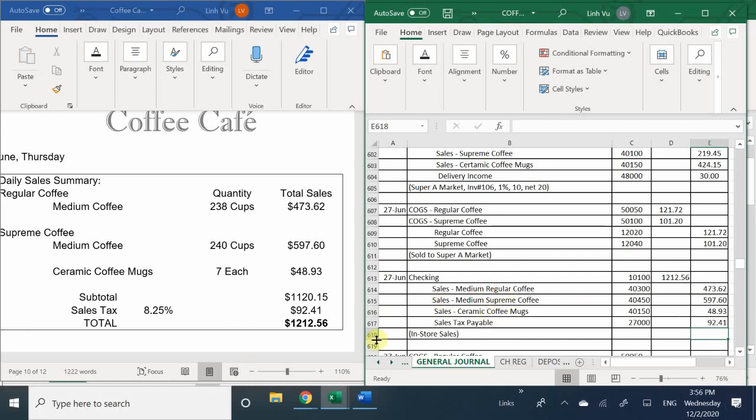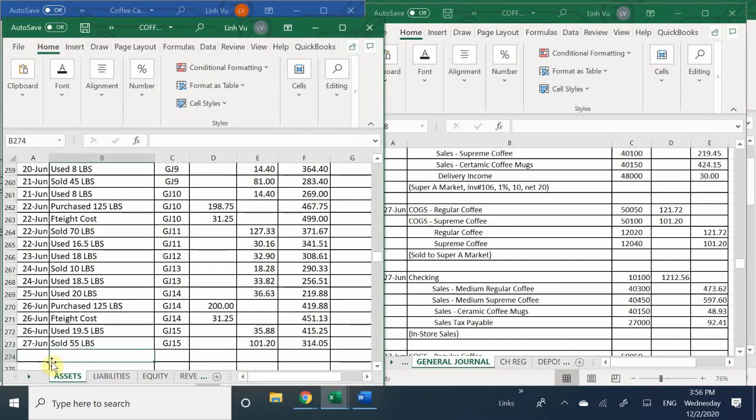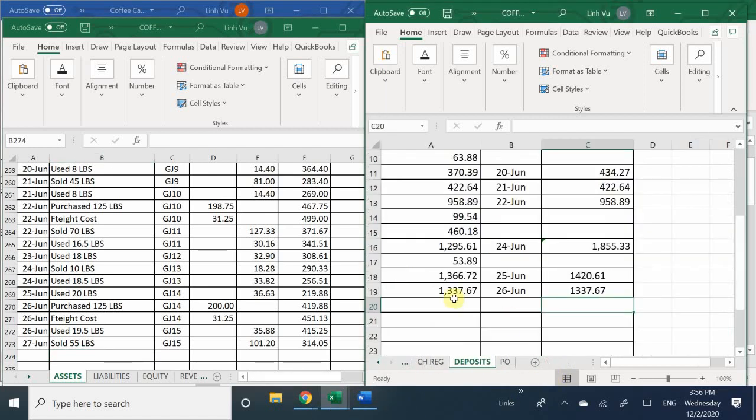Then we're going to go to our ledger. We're going to start with, oh, wait a minute, I lied. I have to go back and do the deposit. We need our cash.